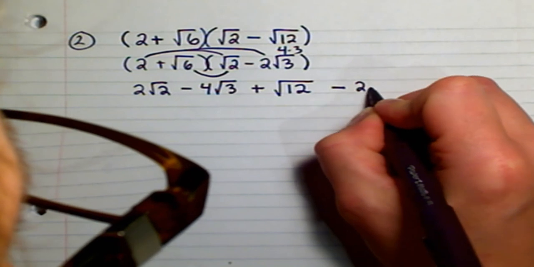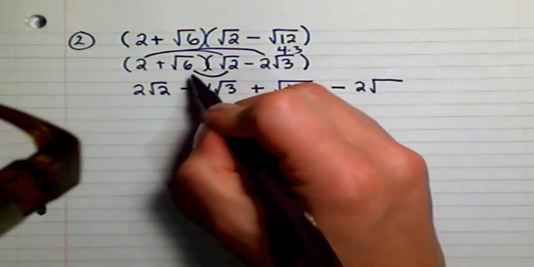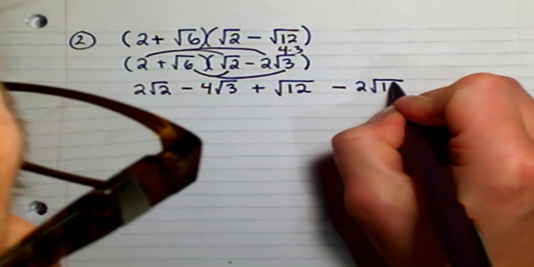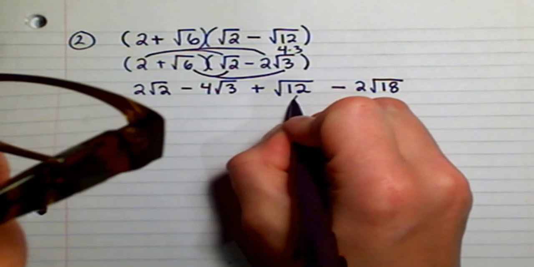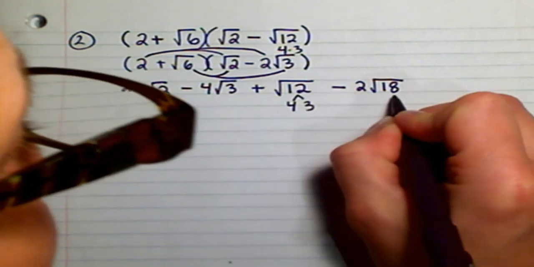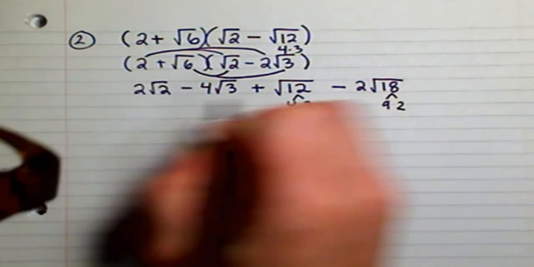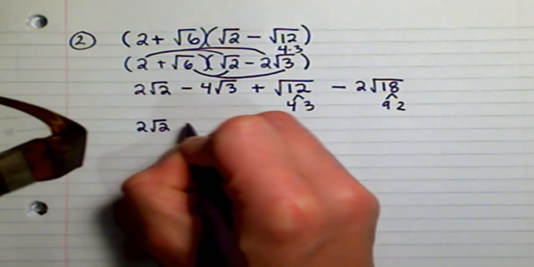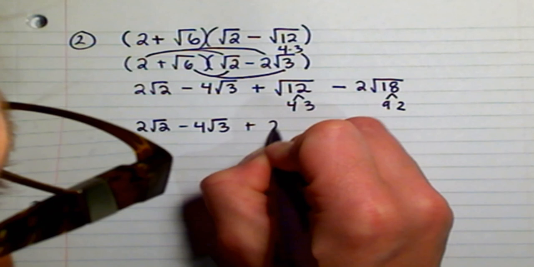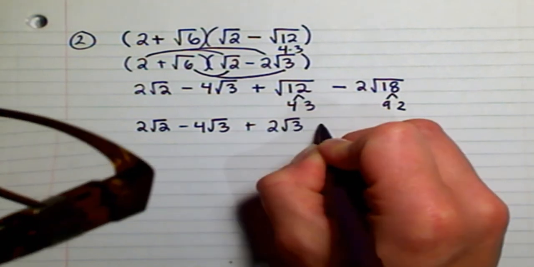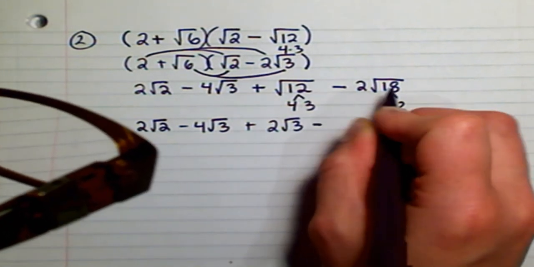Minus 2 root 18. Now I have to keep looking for those perfect squares. 2 root 2 minus 4 root 3, 2 root 3 minus, okay, be careful.